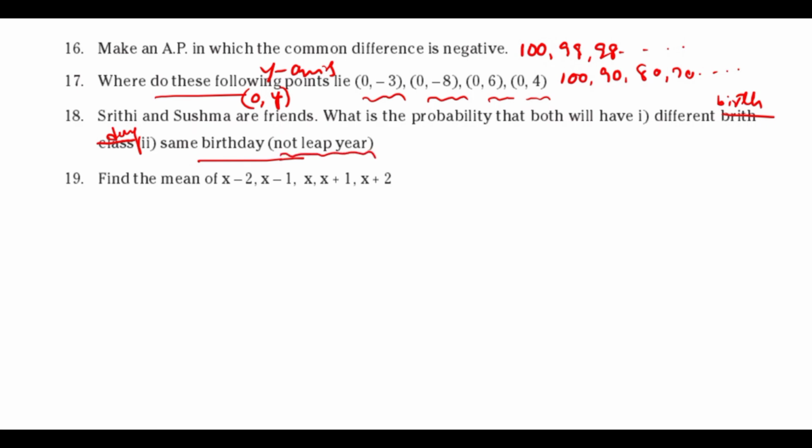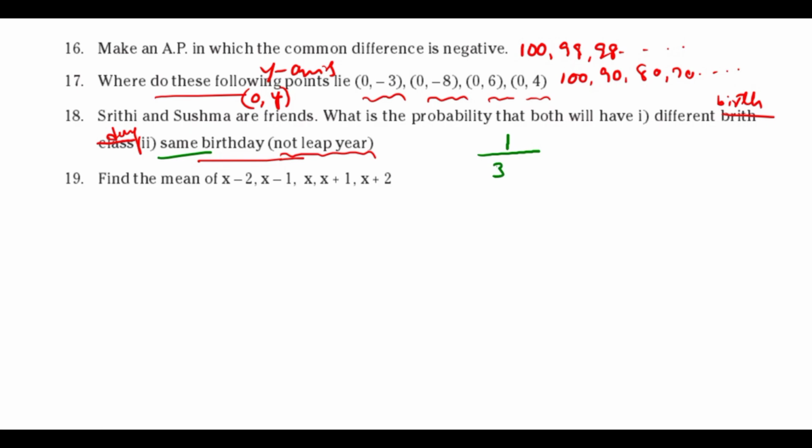Then the number of days is 365 in a normal year, and that is the possible outcomes. To get the same birthday, out of 365 days, only one day they will celebrate if they are getting the same birthday, right? Only one day, that is 1 by 365.